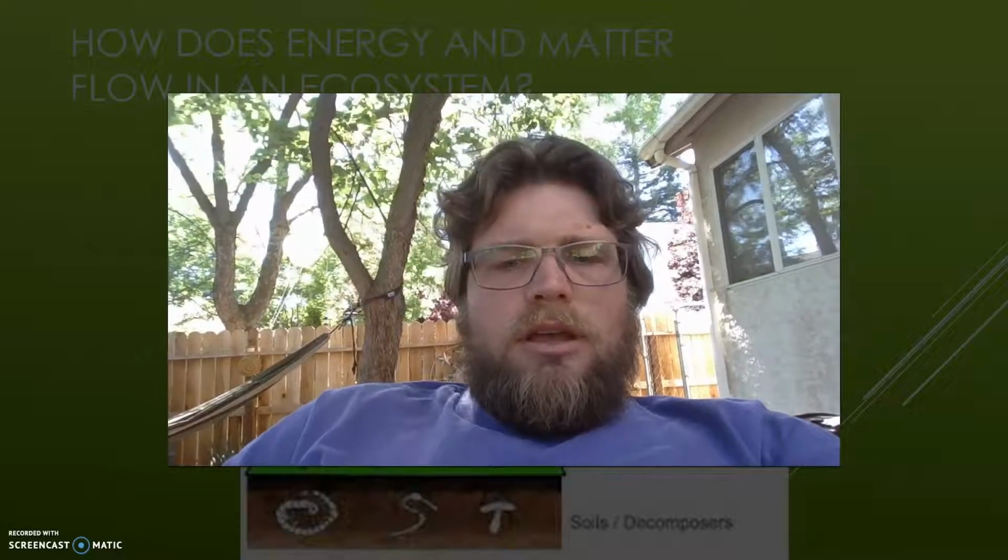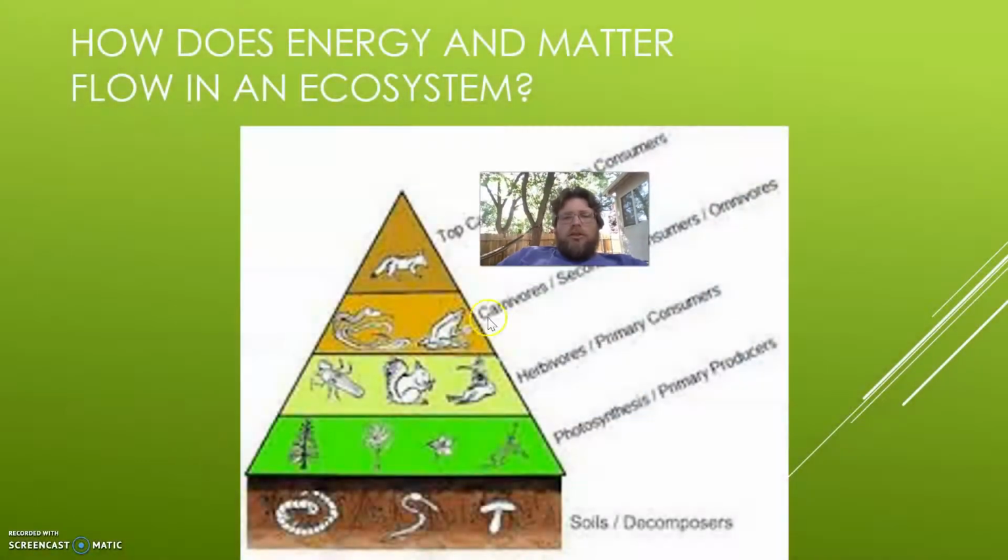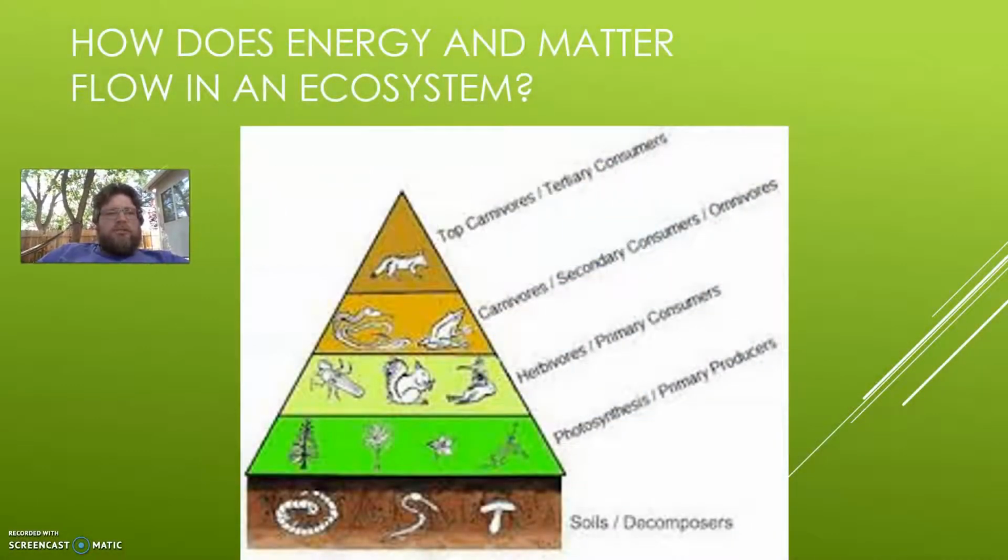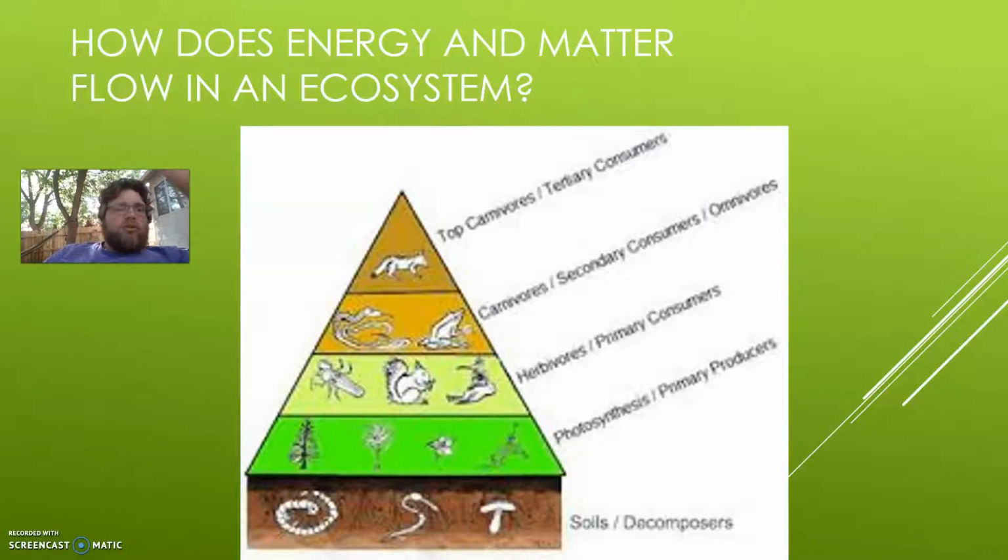Hey class, this is part 2 of my videos trying to answer the question, how does energy and matter flow in an ecosystem? If you're looking at this and you see consumers, producers, and decomposers, and you're really not sure what that means, pause this video and go watch the video Ecological Roles and Energy.